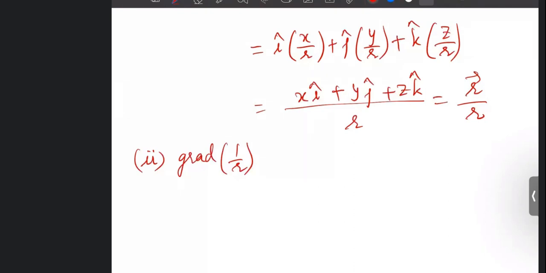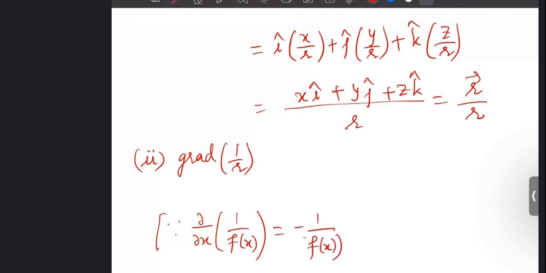That is equal to the partial derivative of 1 by f of x, which is equal to minus 1 upon f of x whole square into the partial derivative of f of x. Using this rule, we can apply it here.